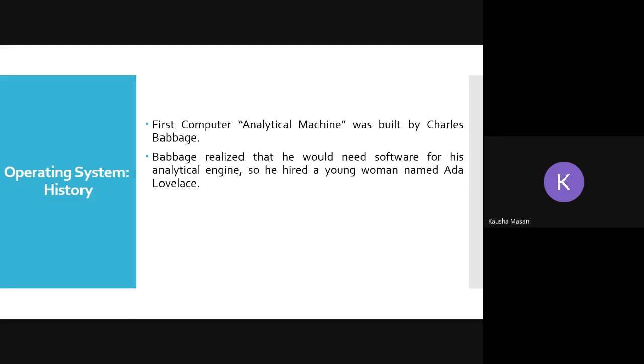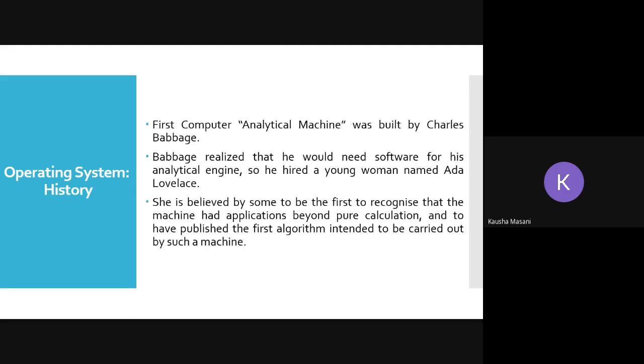She is believed to be the first one to write the algorithm to carry out such applications in these machines, which at that time were known as analytical machines. That is what is written here in this slide.